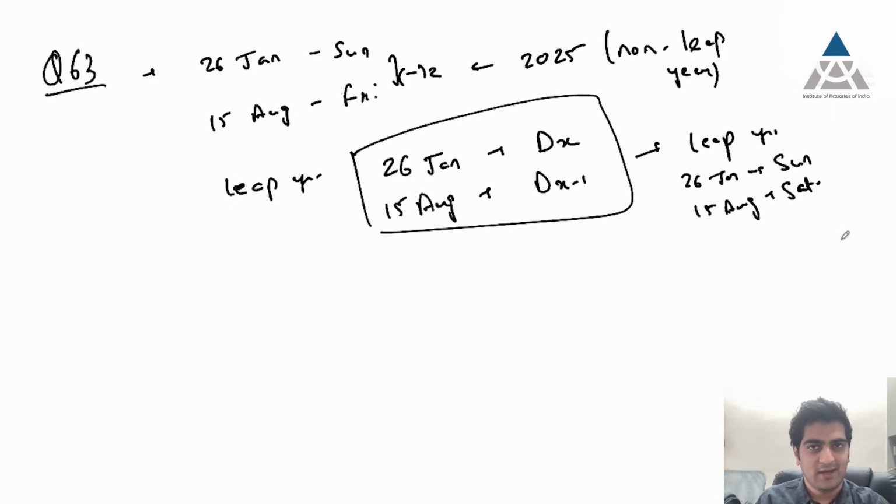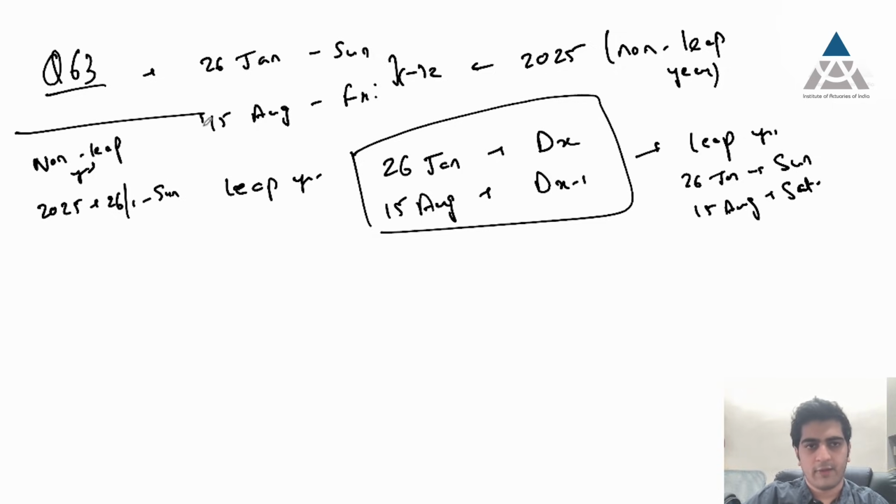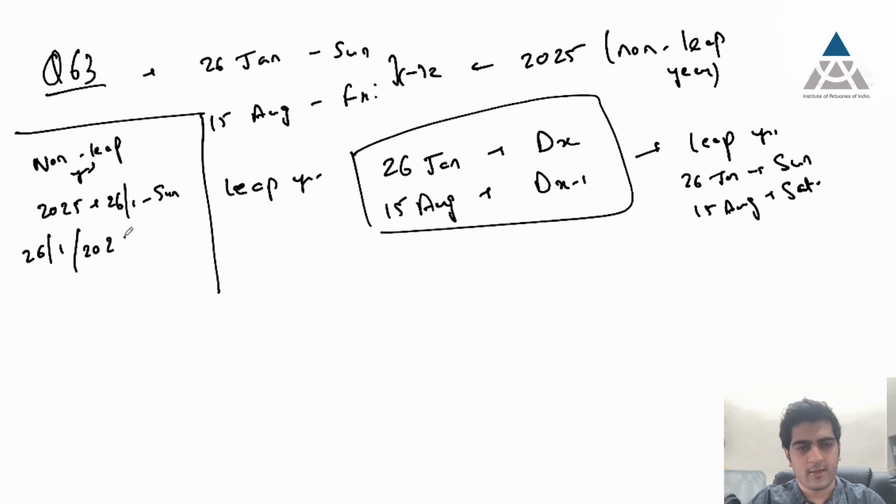So another pattern which you should remember is for all non-leap years. Whenever you have a non-leap year, let's say 2025, if 26th Jan falls on a Sunday, then the same date next year, that is 26 Jan 2026, a non-leap year, will fall on the very next day, Monday.